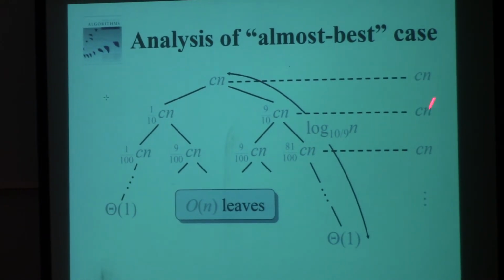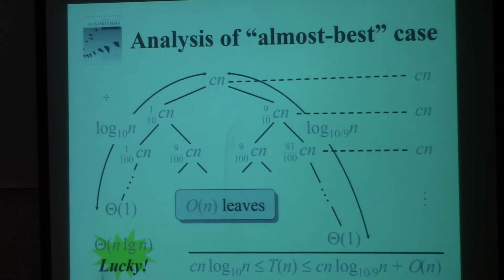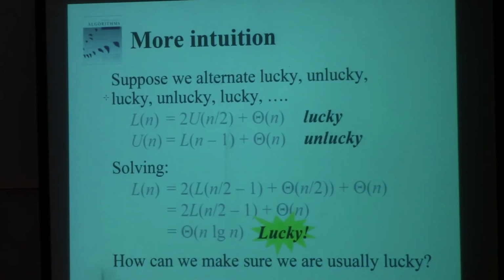If each level is doing theta n work, and the height of the tree is some log n, then we're going to have theta of n log n. So this is going to be equal to theta n log n. That's really surprising. It doesn't mean it's going to be as good as if we split exactly in the middle, but it says it's proportional to the best, which is a little surprising.